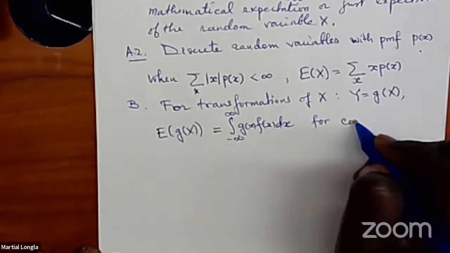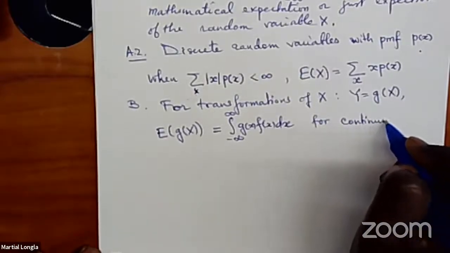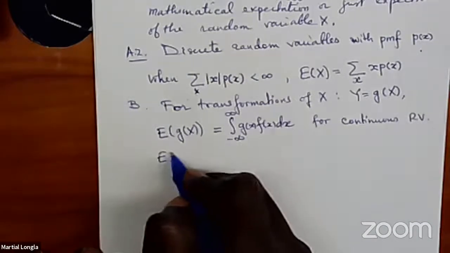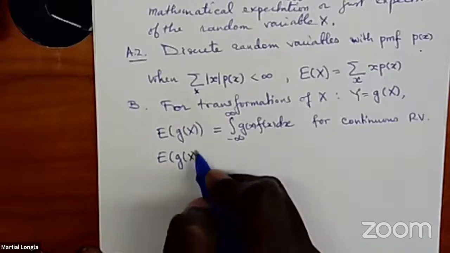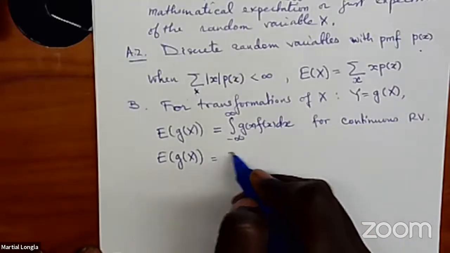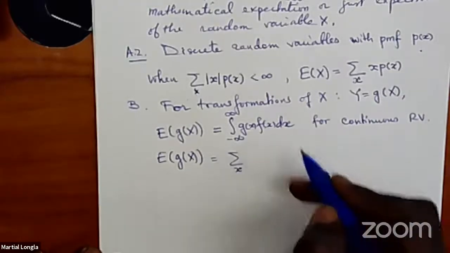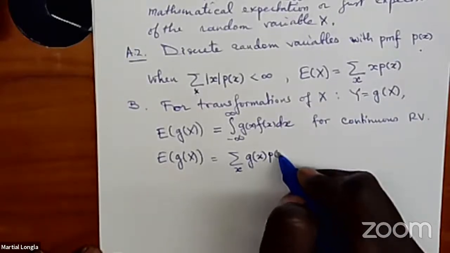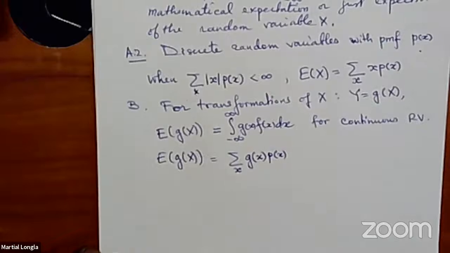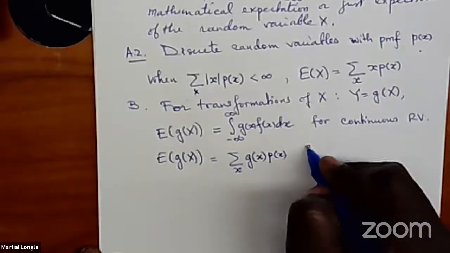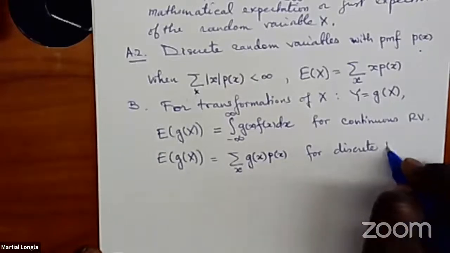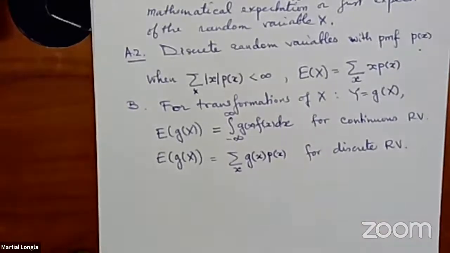For continuous random variables. And the expected value of g(x) for a discrete random variable is going to be the sum over all values of x of g(x) p(x).